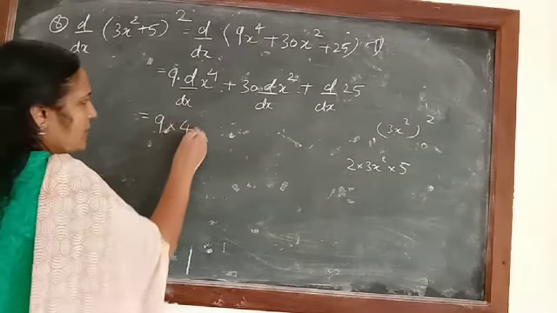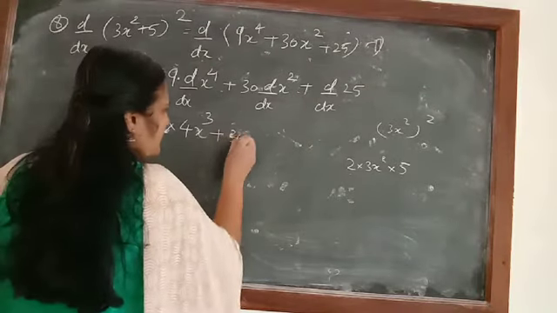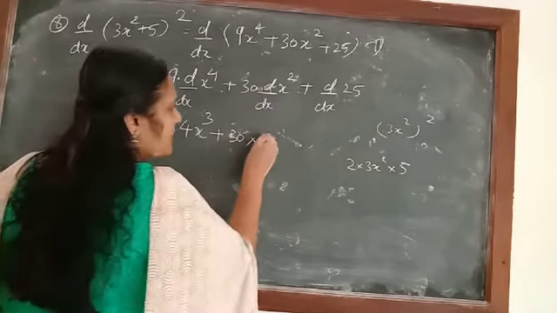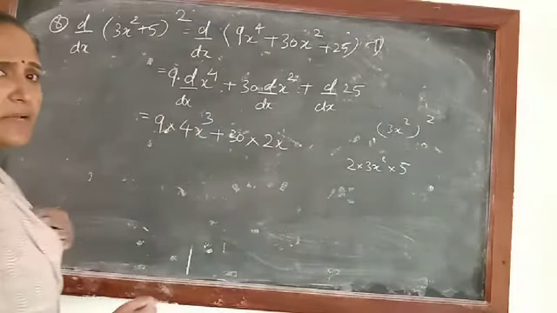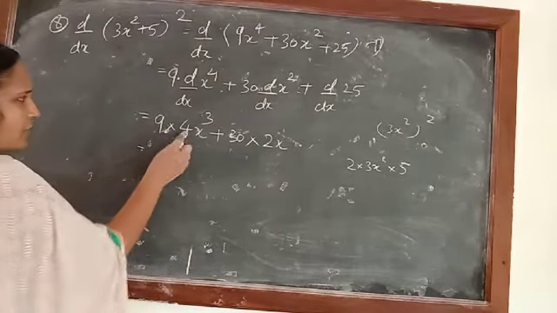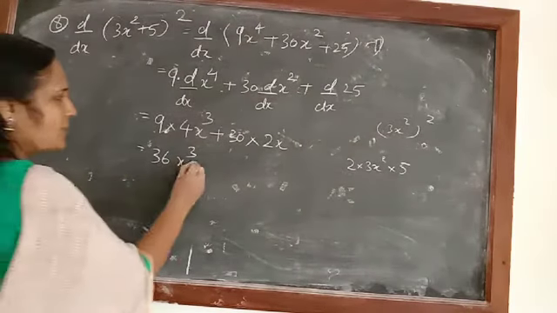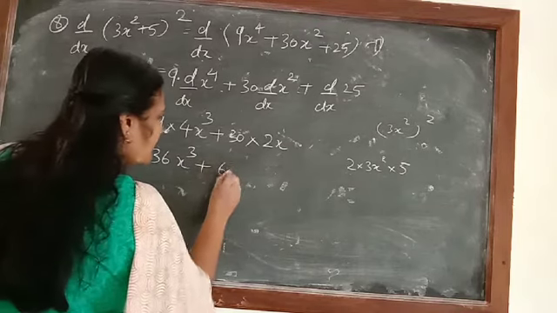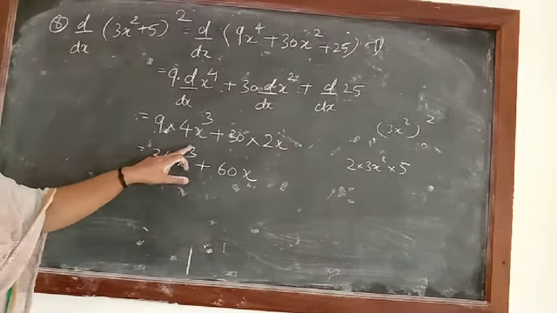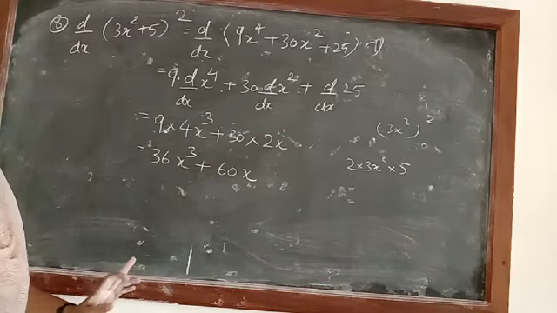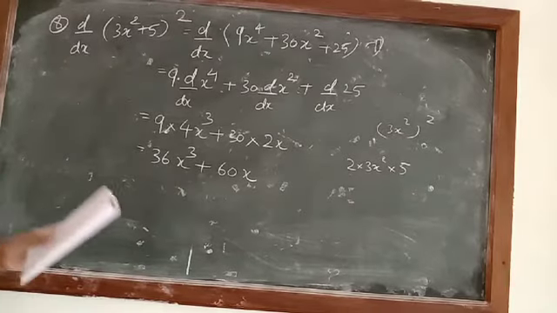Yes, that will be equal to 4 into x cube, plus 30 into d by dx of x square, 2x. d by dx of 25 is equal to 0. 9 4s are 36. So we will get 36x cube plus 30 into 2, 60. So our differentiation will be equal to 36x cube plus 60x. Is it clear? Okay. Now write down the next one.